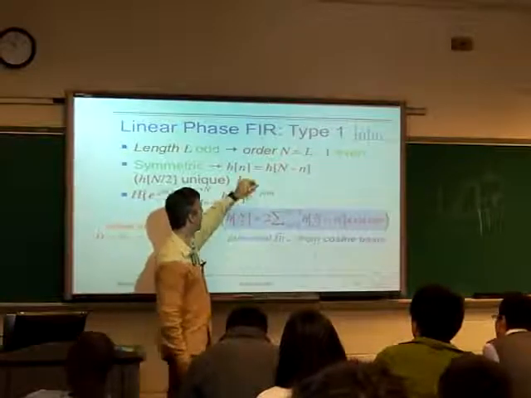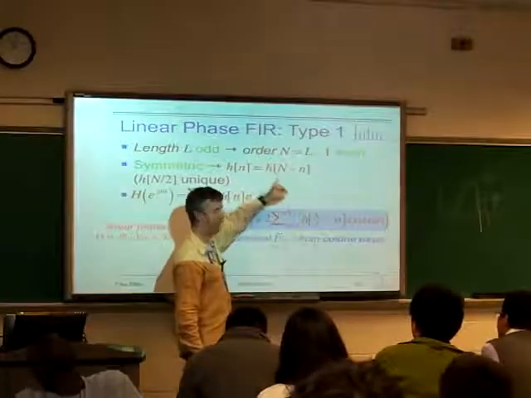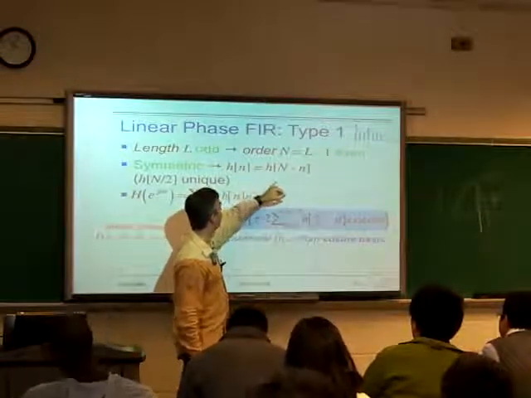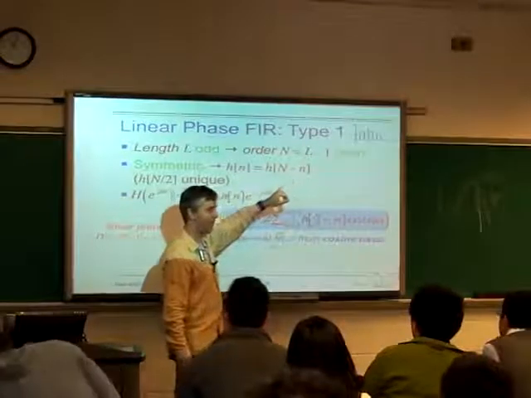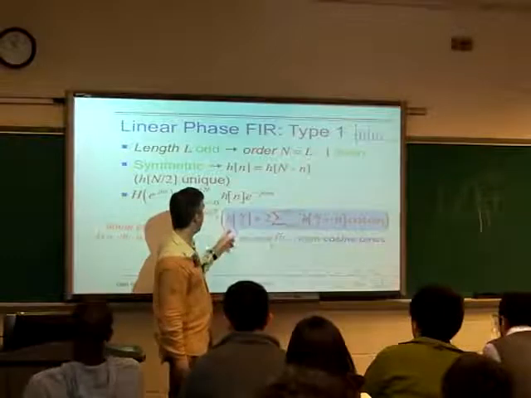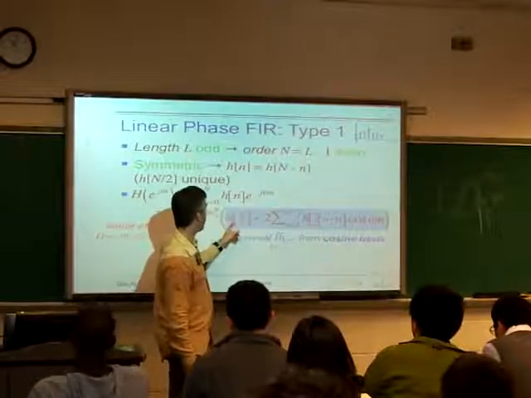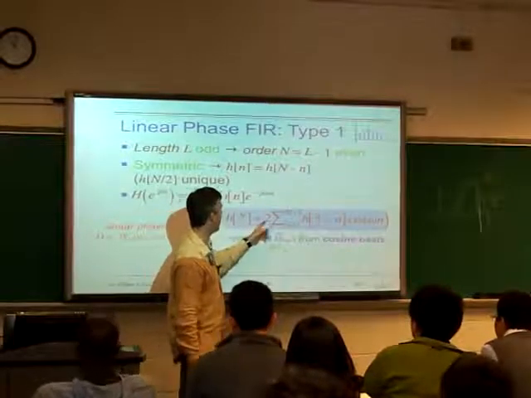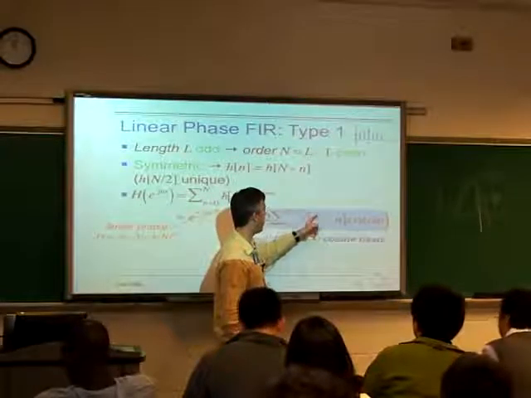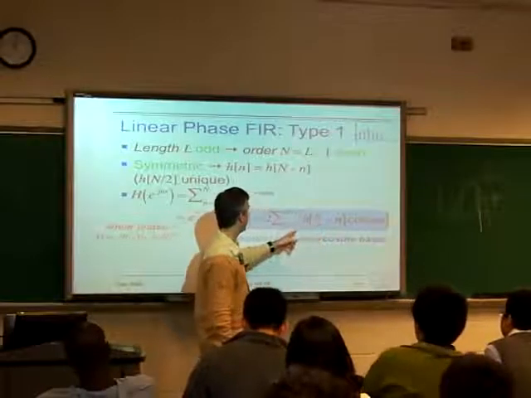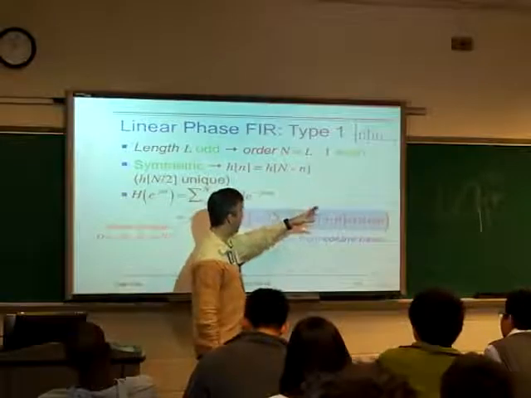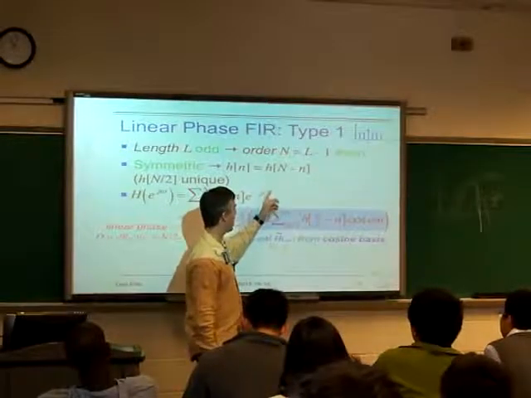So rather than having to specify all the individual points, we can just specify N on 2 of them, and then we've got every value in there. And so we can pair them up. Well, we have the h of N on 2 point, which is unique, but then we have twice each of the h of n, which is equal to h of N on 2 minus n, times e to the j omega n plus e to the j omega (N on 2 minus n).